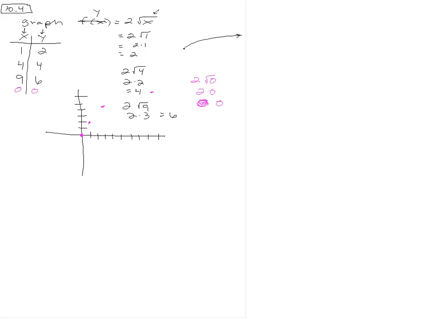Okay, so it starts here. Oops, and I can't draw on this. And it gets bigger and bigger and bigger really quick. Okay? So when you have something with a square root, make a chart. Pick numbers that make sense, that come out to be whole, and graph.